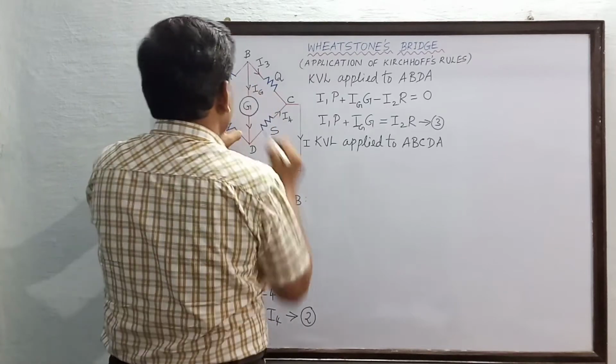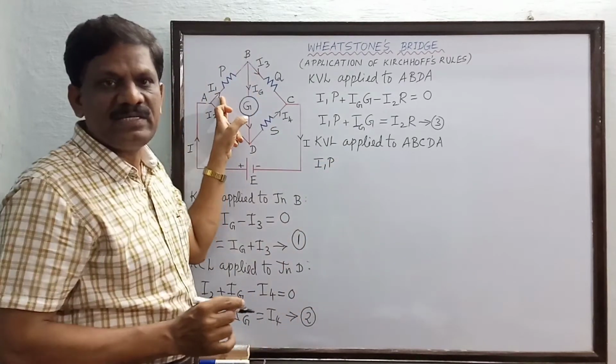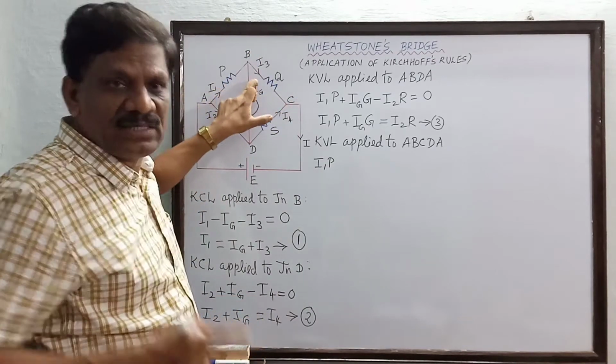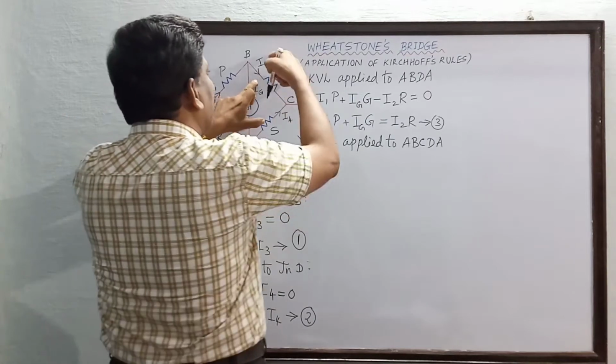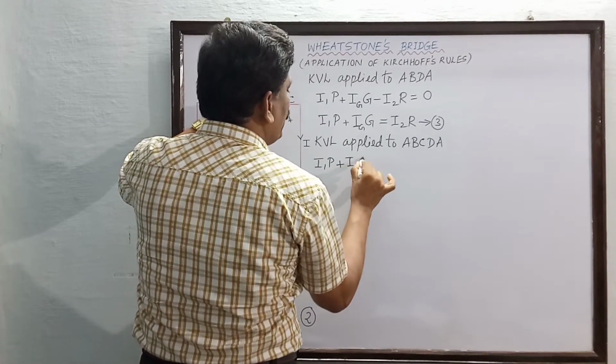Therefore the current into resistance product I1 into P is positive. Then I proceed from B to C. Current I3 also is flowing from B to C. Therefore the IR product, namely I3 into Q, is also positive.